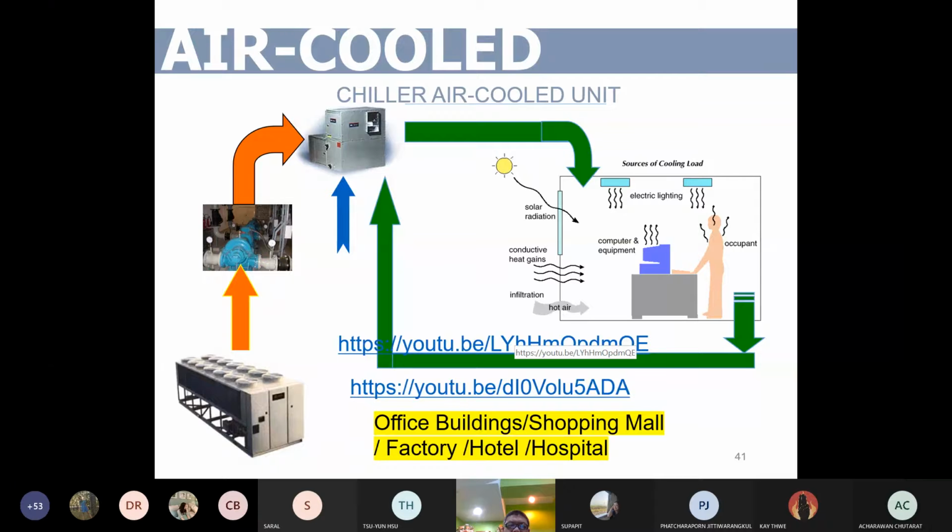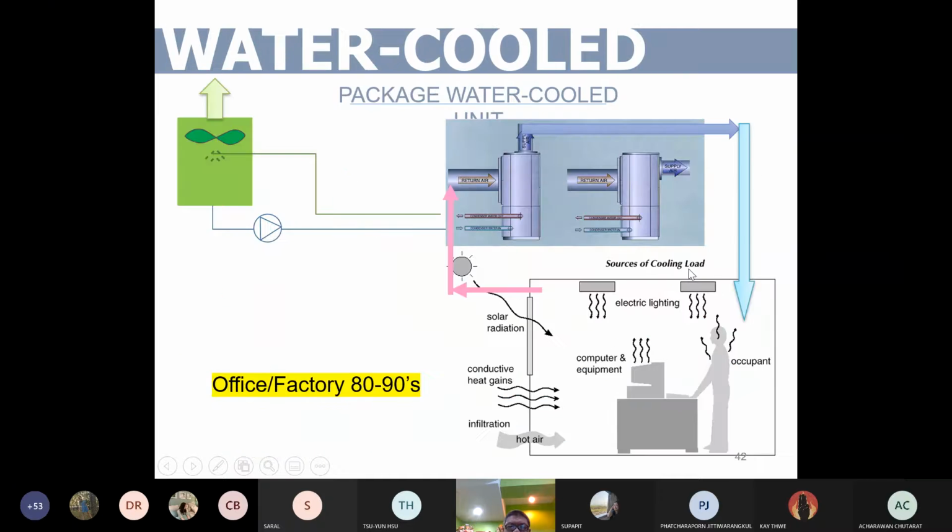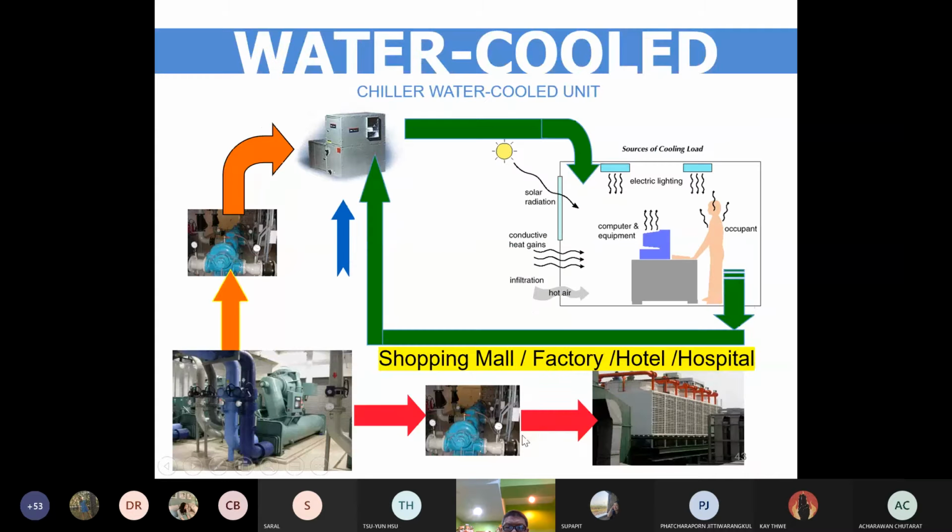The air cooled chiller is much cheaper than the water cooled, because for air cooled you need only the chilled water piping for the air handling unit. But look at the water cooled: you need to put in a lot more equipment.